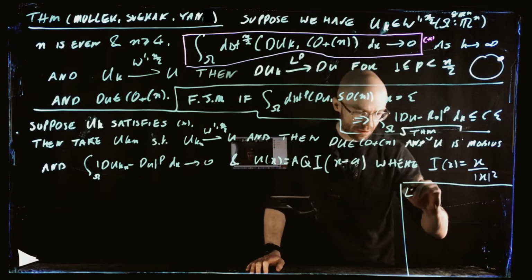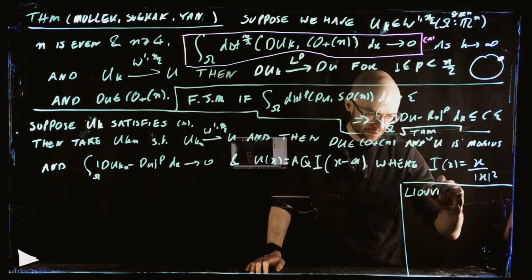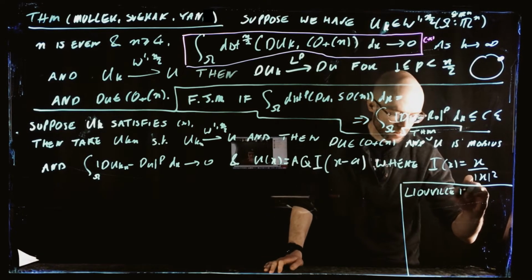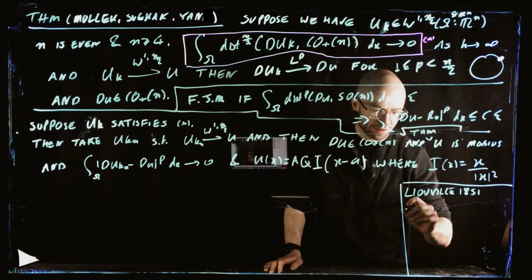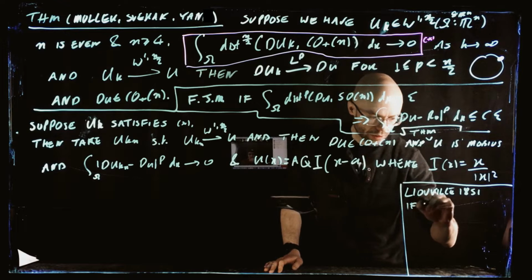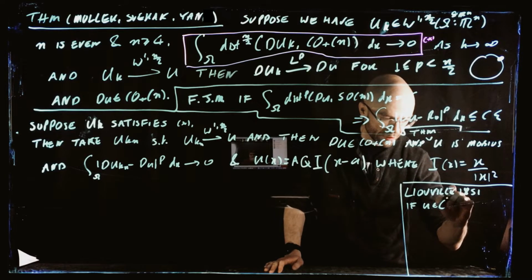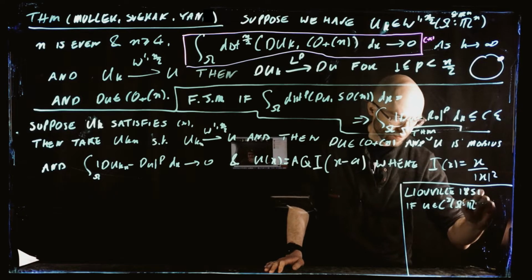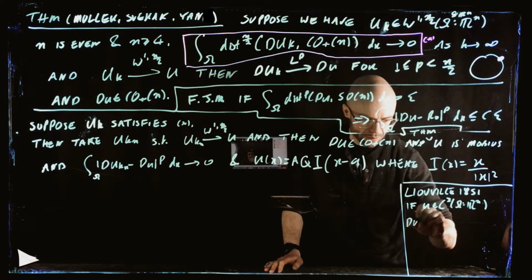Yeah, so this is the Liouville theorem that I talked about. So this is Liouville, 1851, that if you, I think I said C3, from omega into Rn, the differential conclusion, then this implies that U is Mobius in this sense.